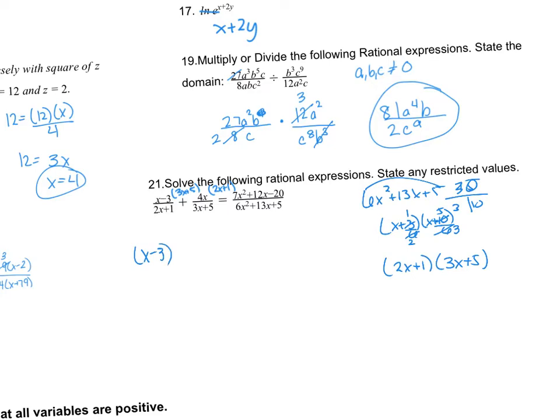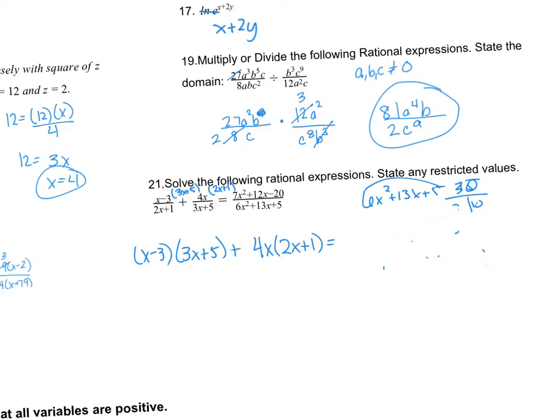So x minus 3 times 3x plus 5 plus 4x times 2x plus 1 equals 7x squared. Let me get rid of this. Minus 20. Let's FOIL these. 3x squared, that's my first. My outer is plus 5x.